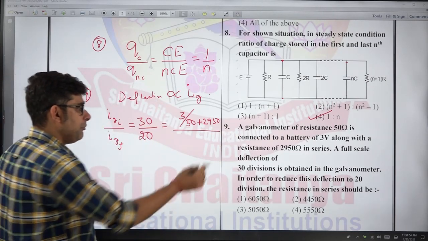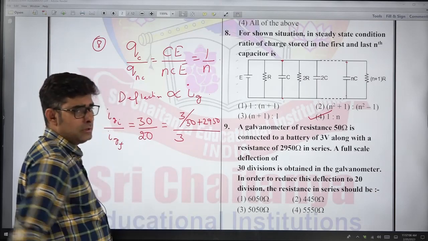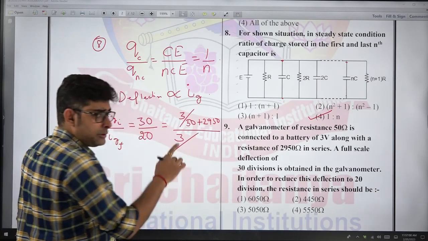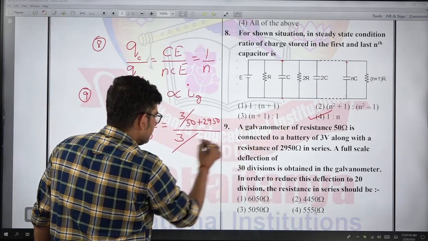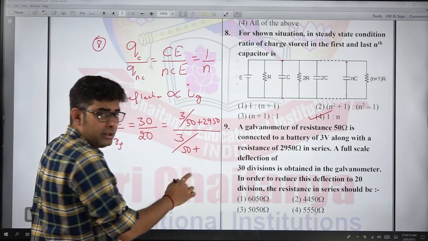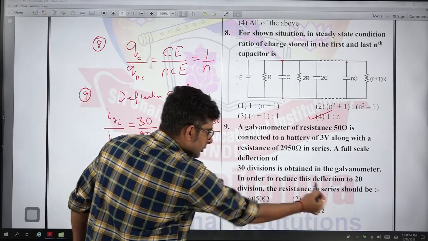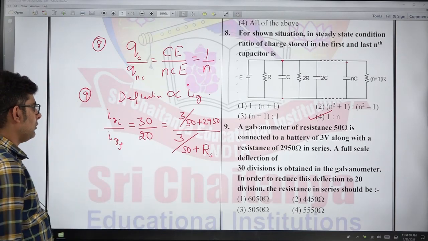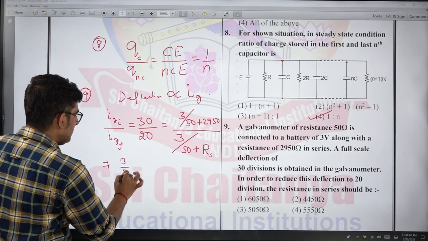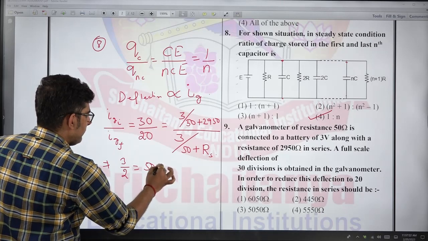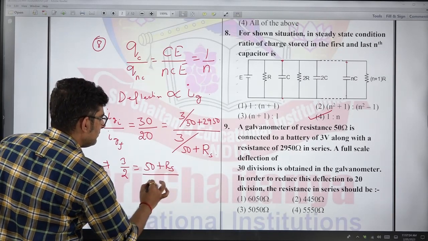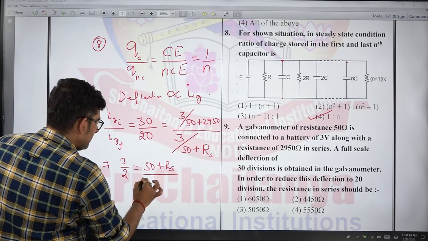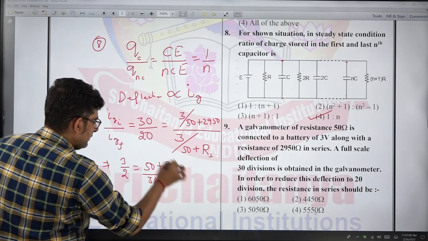And later on, the battery is the same, 3 volt divided by total resistance. Galvanometer resistance is 50, plus they are asking what resistance should be connected in series. Let's take it as Rs. That's it. So we have a simple equation, 3 by 2 equals 50 plus Rs by 2950 plus 50, which is 3000.